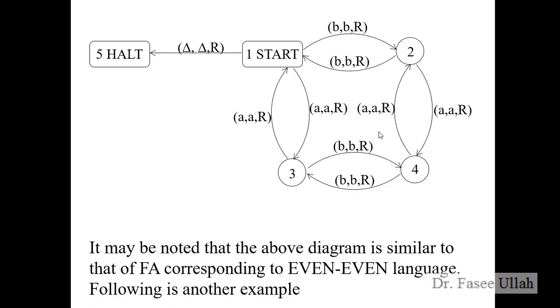They have given the direction as well, and finally it will stop. For example, if it is even, like this is BB, then we have to read the A, then we have A, then we have B, and then we finally stop. So this is the way we can achieve it. We already know from the previous lecture how we can achieve even. This is the same thing, only we have added an extra feature for the Turing machine.